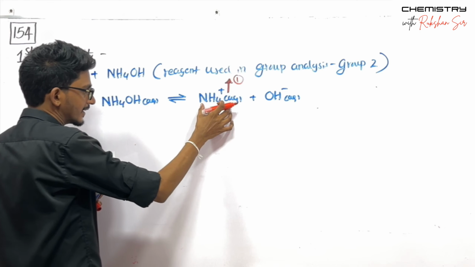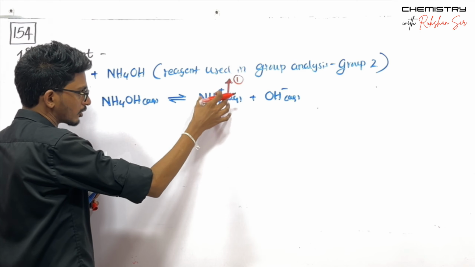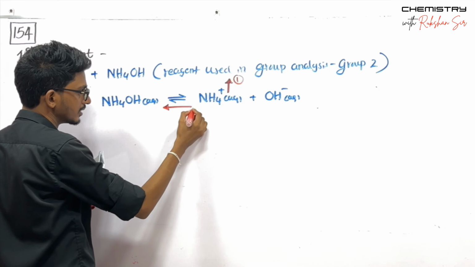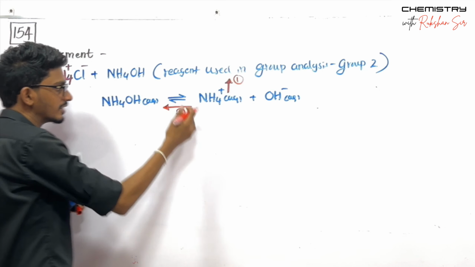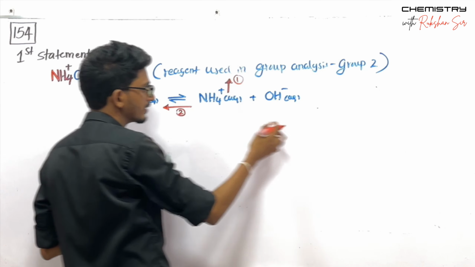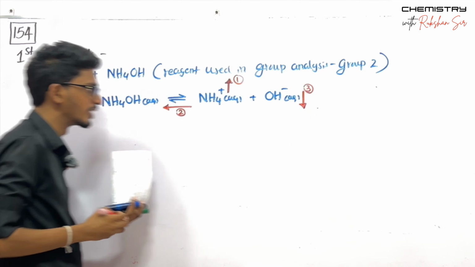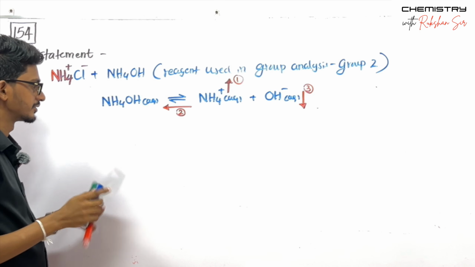To reduce the amount of this, the reverse reaction is favored in this equilibrium, so when the reverse reaction happens, OH minus reacts and is consumed. So a low amount of OH minus will be provided to the medium with this reagent, right?